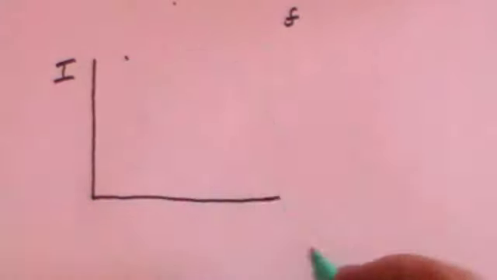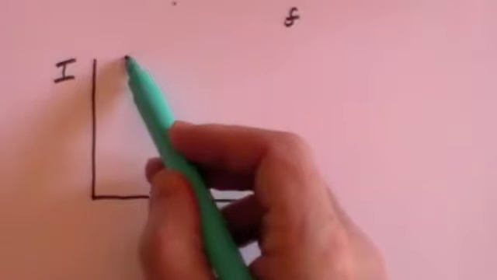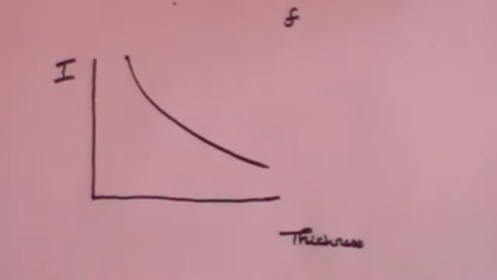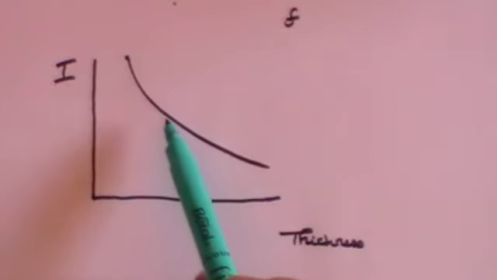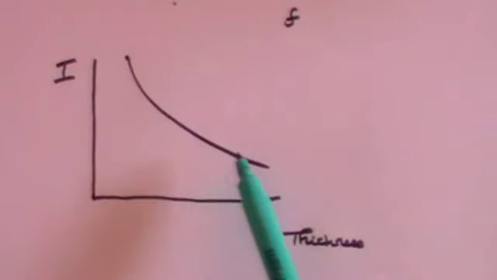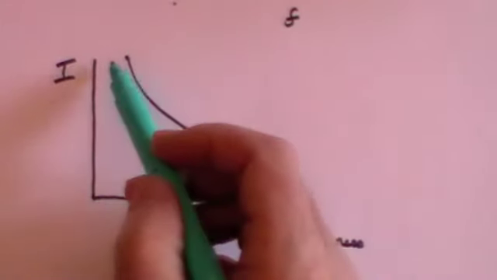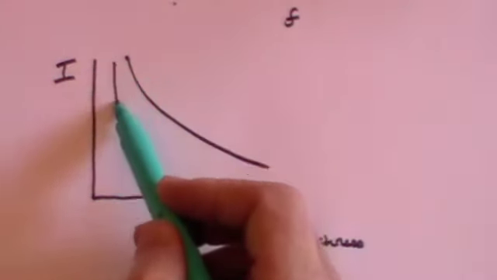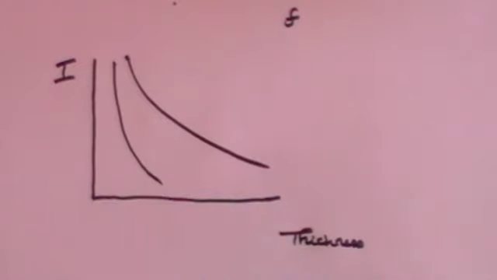If this is the thickness of the body material, then if you're talking about muscle, the intensity reduces as the thickness of the muscle increases, but it doesn't reduce by much. Whereas if it were bone, the intensity would fall off very much more rapidly.